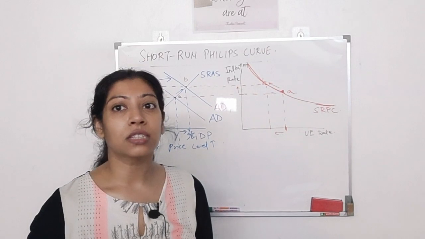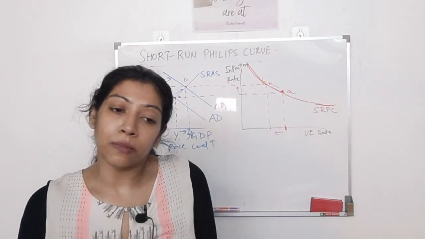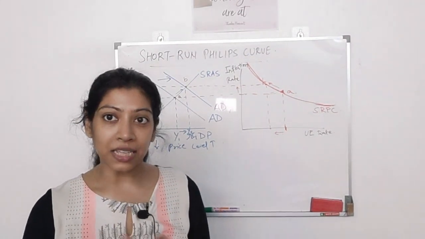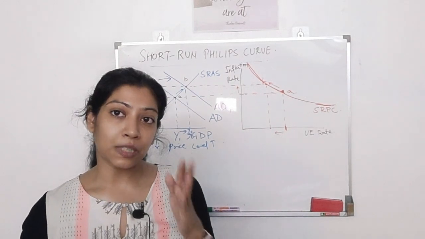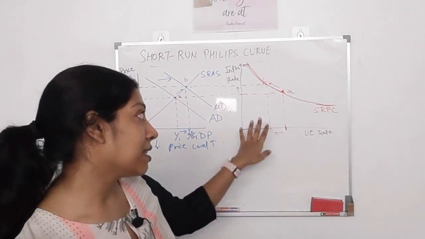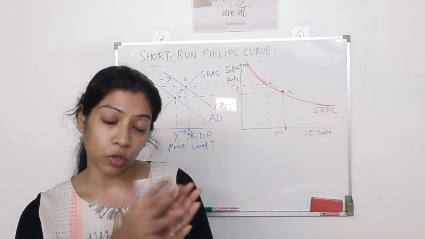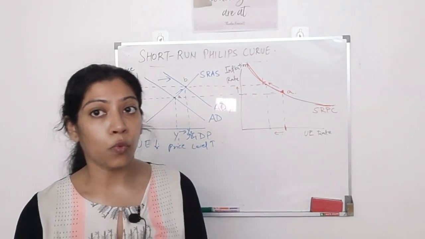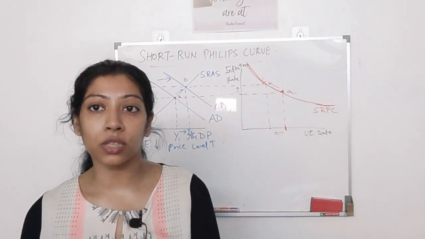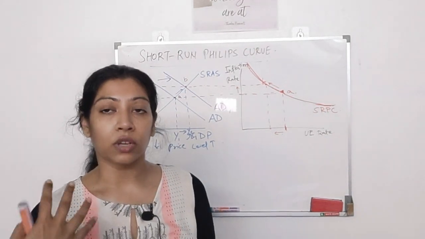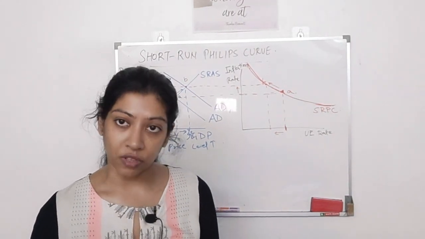The government just has to look at the particular context and circumstances in the economy, what its priority is at the moment, and can choose which macroeconomic objective they want to focus on. Do they want to bring down inflation at the cost of unemployment, or bring down unemployment at the cost of inflation?